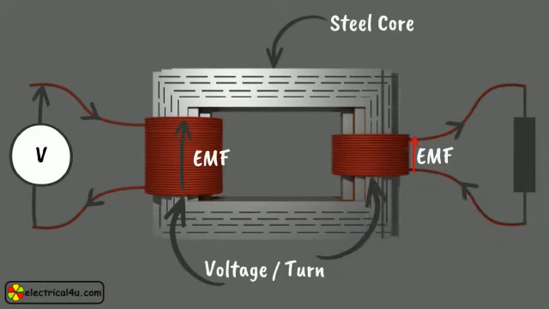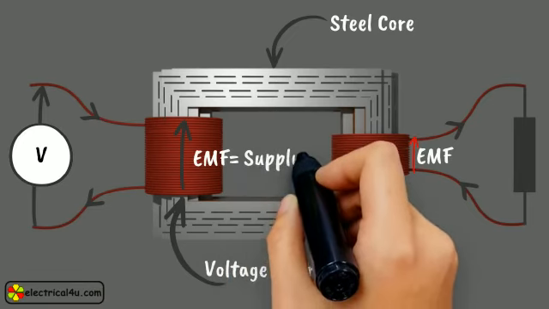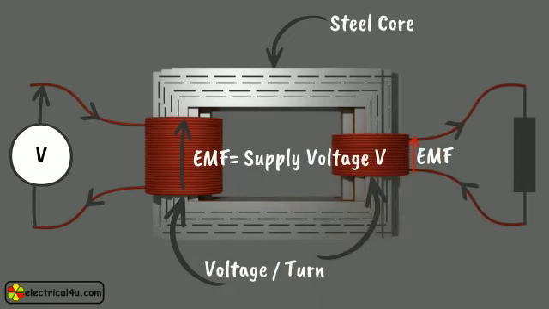We have already explained that voltage induced across the first winding is the same as the supply voltage. Actually, here we consider that there is no voltage drop between the supply terminals and the first winding. This is an ideal case. For theoretical purposes, we will consider that condition.